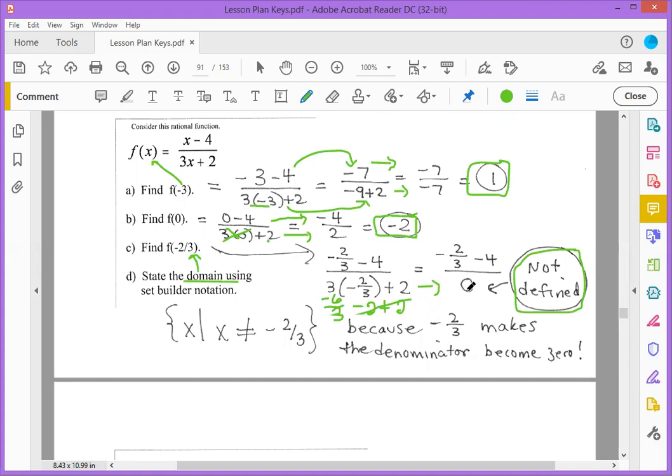So this made this function undefined. Therefore, x could be any other number except for negative 2/3. We write that in set builder notation as x values such that x is not equal to negative 2/3. It could be any other number except for negative 2/3.